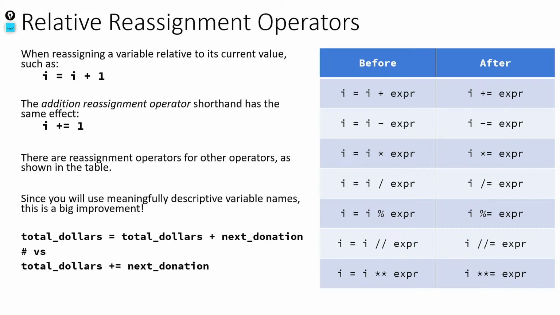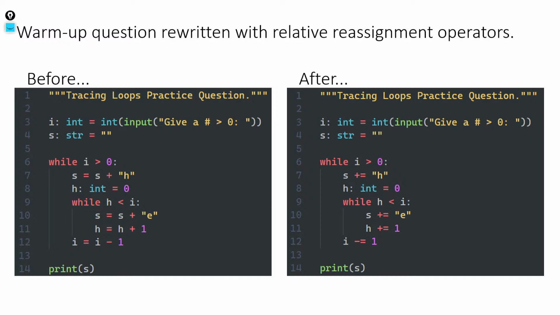Any questions on relative reassignment operators? We'll see them in some of the other examples today. Just a little shorthand. So the example we just traced could have been rewritten using these. This is in the slide deck for reference if you want to come back to it.